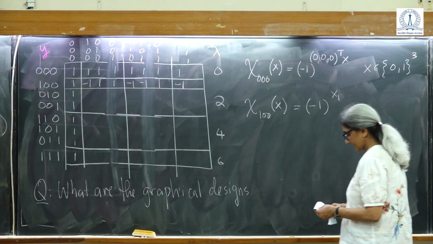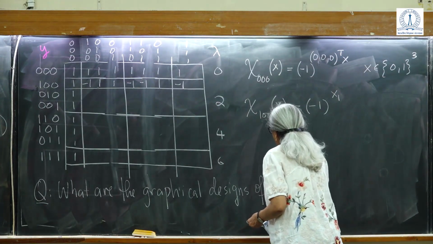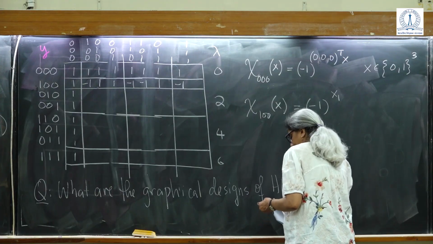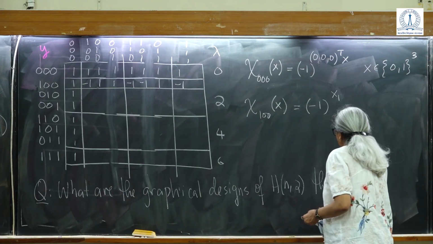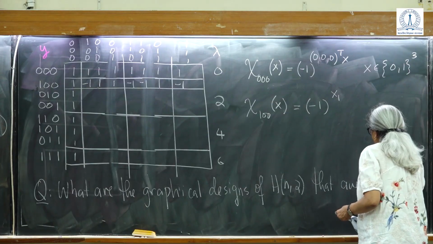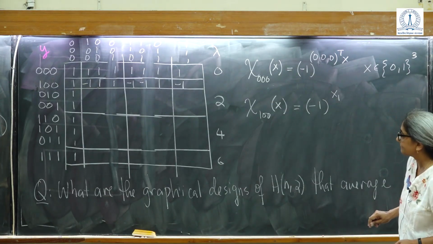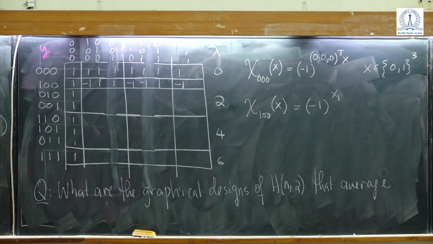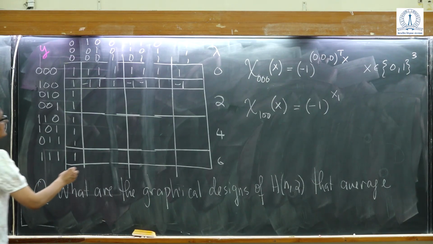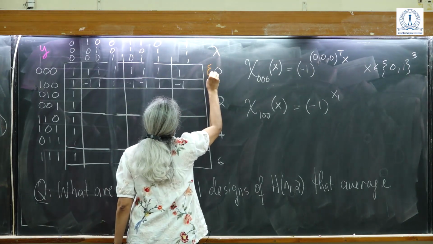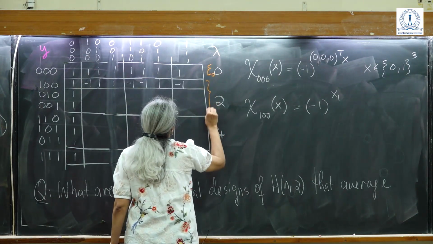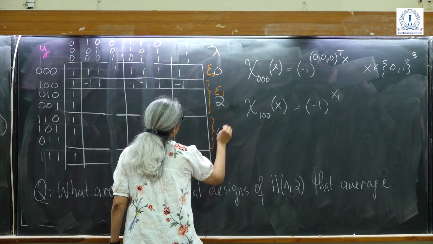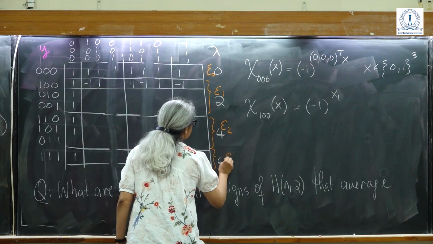So what are the graphical designs of H_n^2 that average eigenspaces? I'll call these E_i, indexed by Hamming weight. So the different eigenspaces are basically: this one is E0, this one from here to here is E1, this one is E2, and this one is E3.